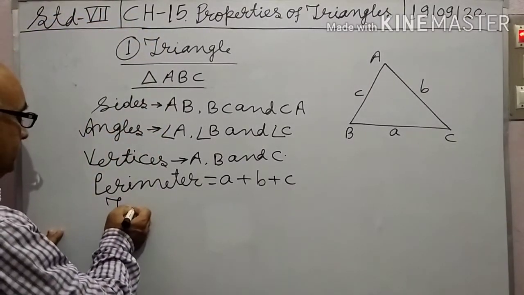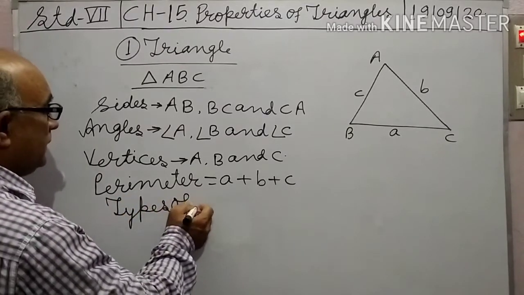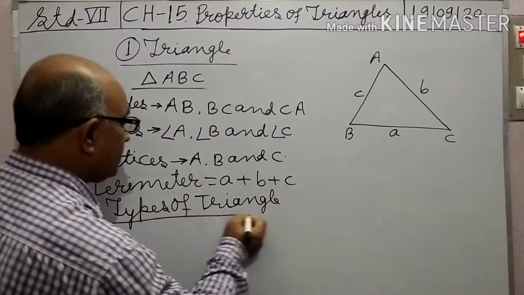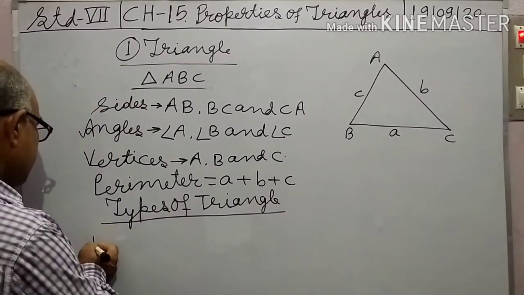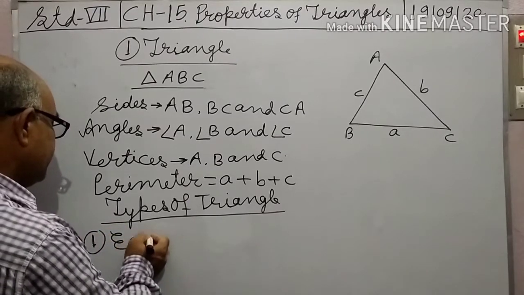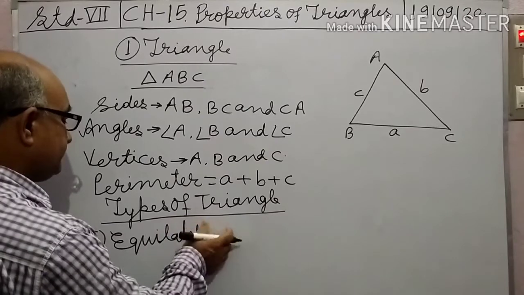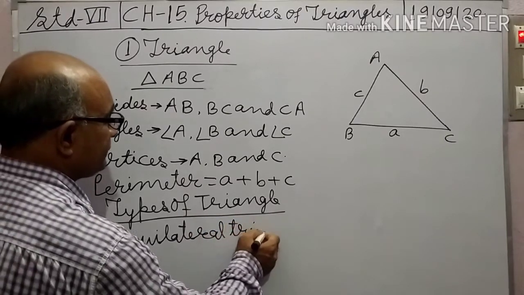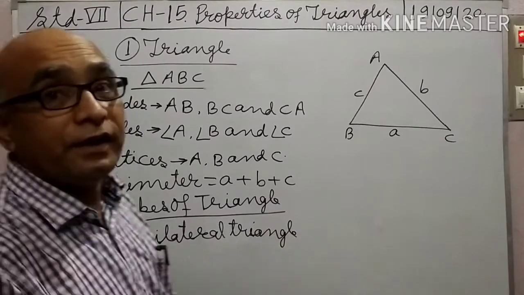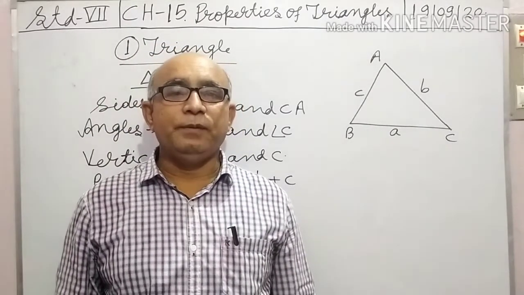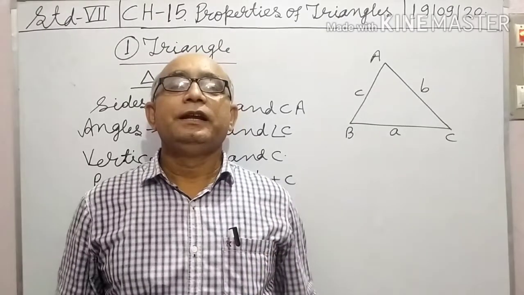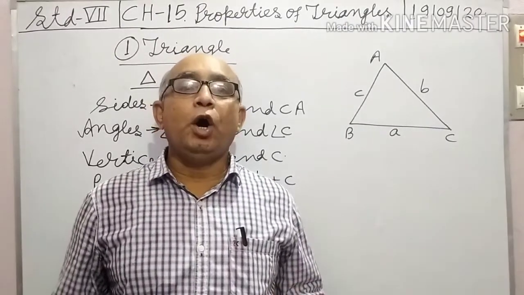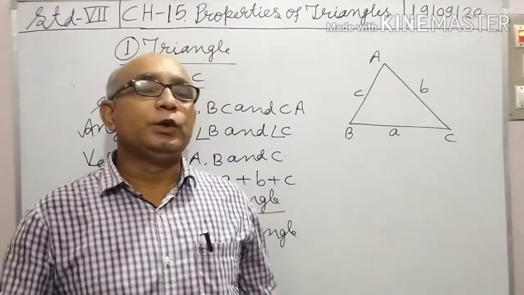Equilateral triangle: a triangle in which all sides are equal is called an equilateral triangle, or a triangle whose all sides are equal is called an equilateral triangle.